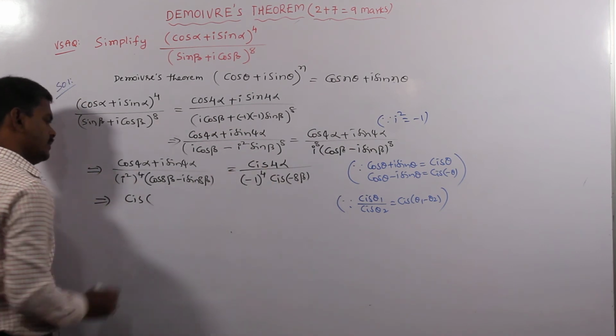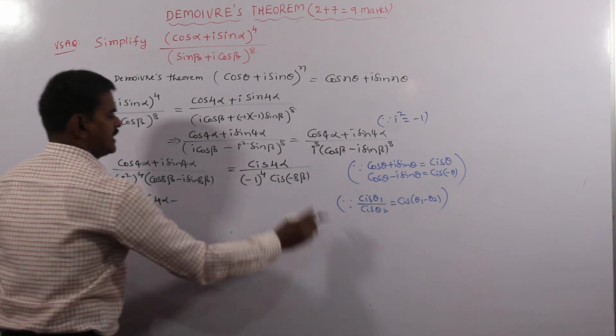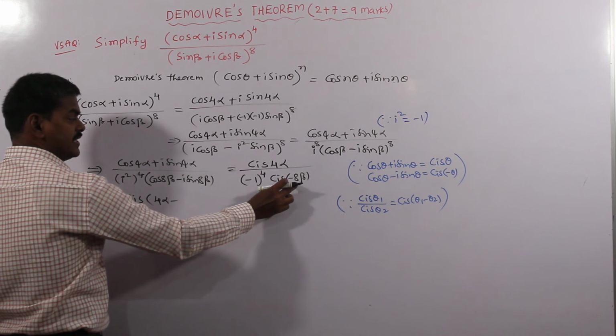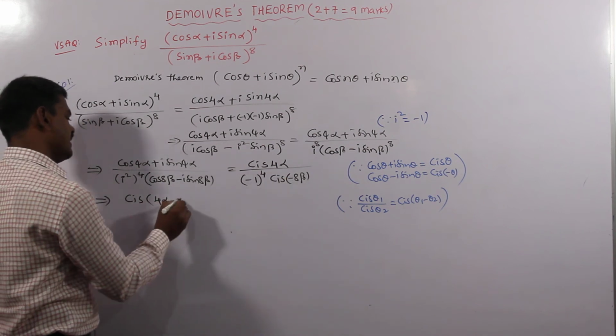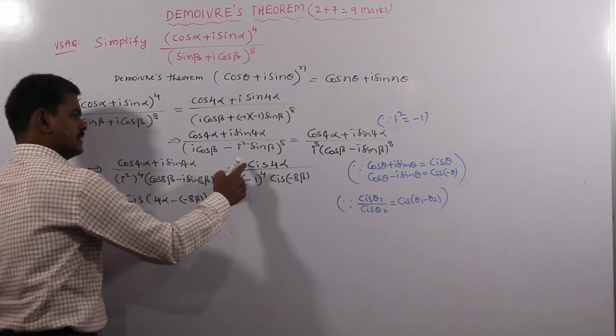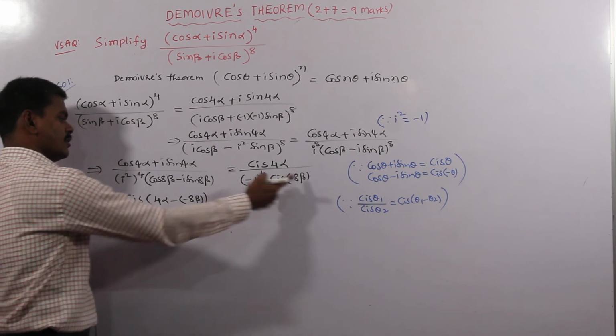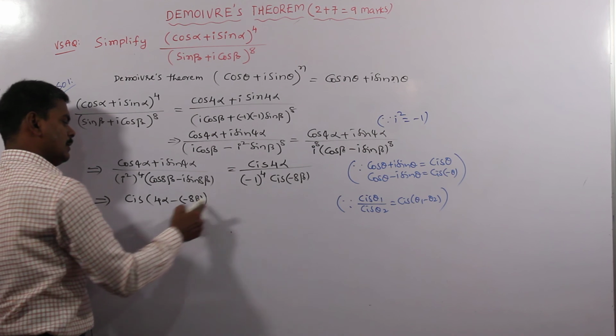Theta 1 is 4 alpha here, minus theta 2. Theta 2 is minus 8 beta. Minus of minus 8 beta. Cis theta 1 by cis theta 2 is cis of theta 1 minus theta 2.